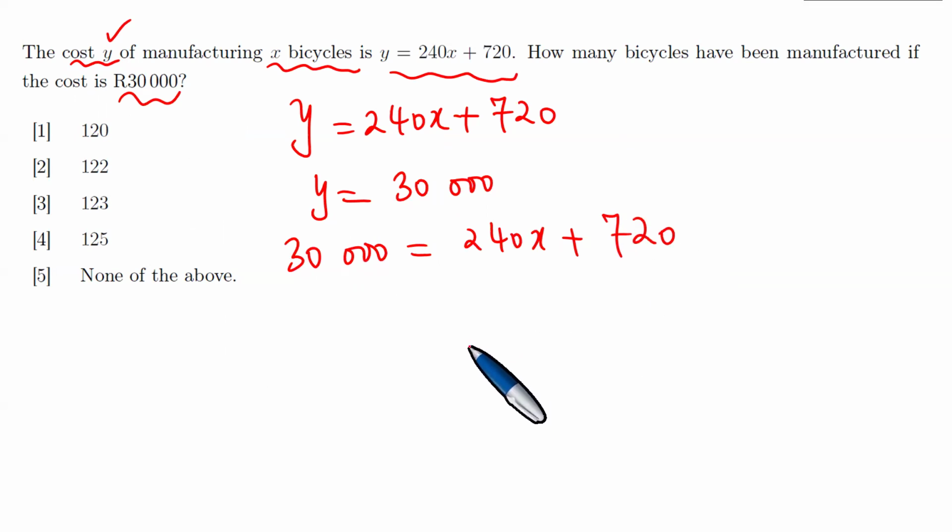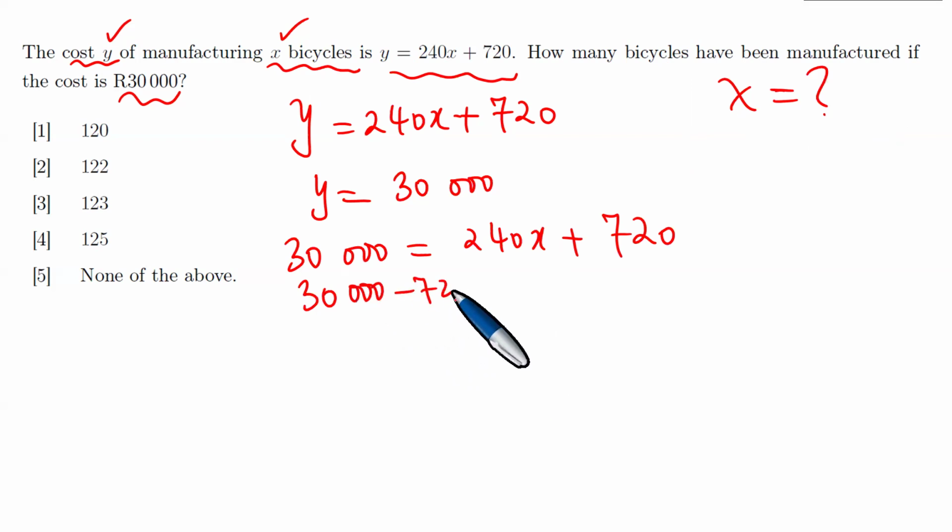So we want to know how many bicycles have been manufactured. So x is the number of the bicycles, so we need to solve for x. So the question is saying, what is x, the number of bicycles? So we're going to take 30,000 minus 720 equals 240x, like this.